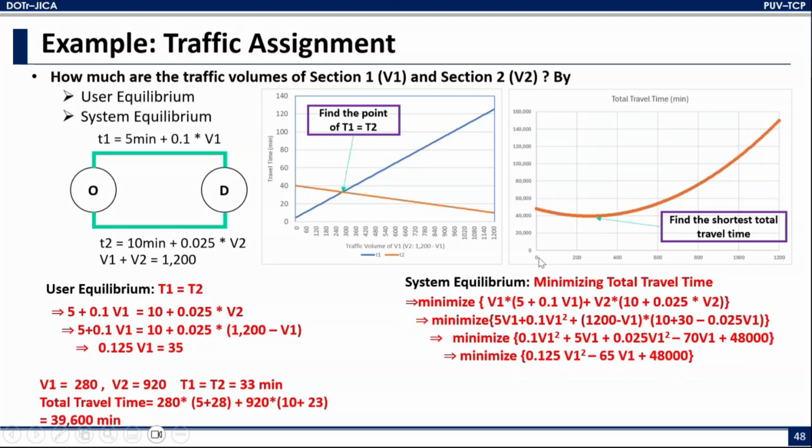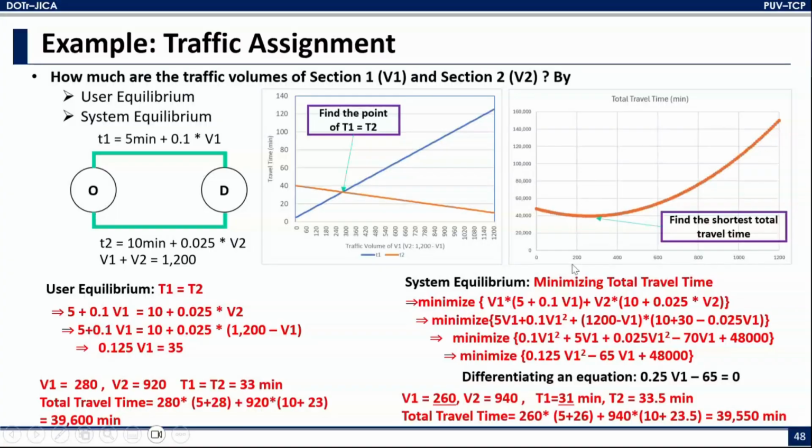If this x-axis shows the traffic volume of section V1, then if you find the differential equation, to achieve the system equilibrium, V1 equals 260 and V2 equals 940. You can see the values are similar to the user equilibrium. However, a little bit different.